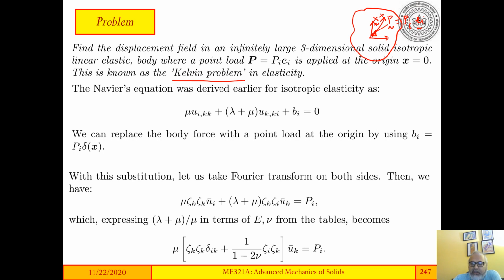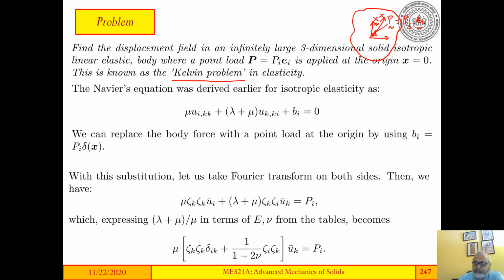And this is, again, as I said before, an unrealistic-looking problem, but it serves as the basis for solving more complicated and more realistic problems.